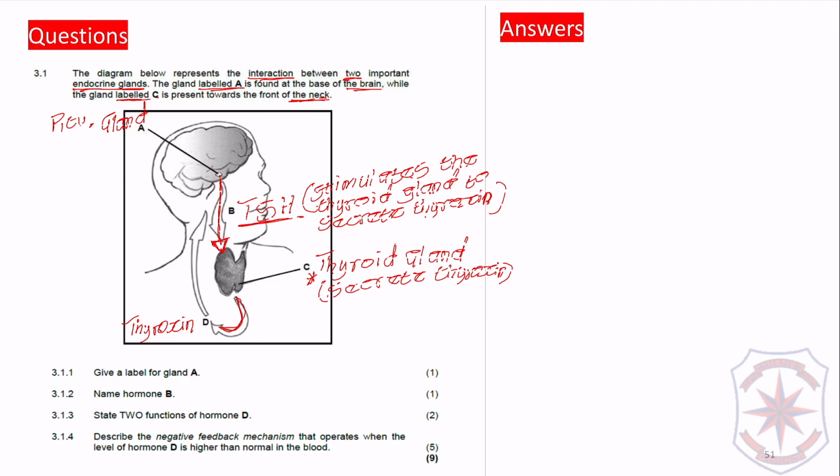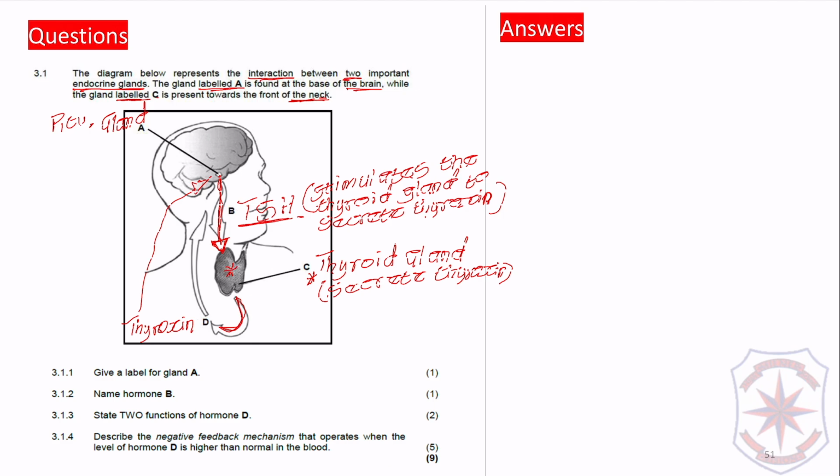When we have too much thyroxin, that will inform the pituitary gland that we have too much thyroxin. Okay? So the pituitary gland will secrete less TSH. If we have less TSH, that will stimulate the thyroid gland to secrete less thyroxin.